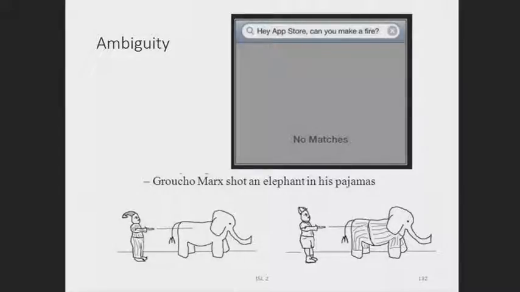And this is what we call structural ambiguity, because there's nothing odd about in his pajamas. There are no two meanings to in his pajamas here. It's just a question, where in the structure does it belong? And that's structural ambiguity as opposed to what we started out with today, semantic ambiguity, where matches, of course, has two meanings in this context.